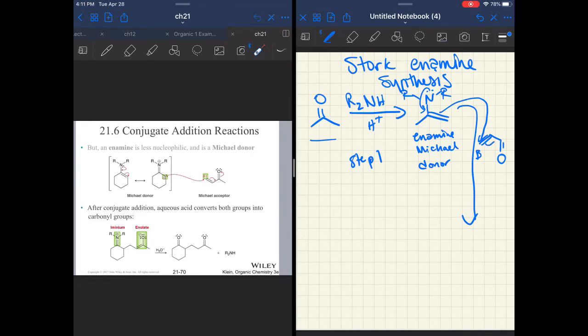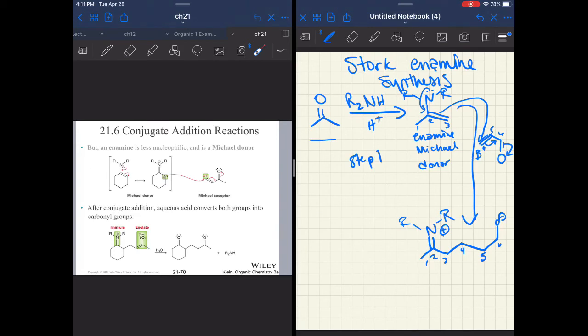And then you're just having this whole flow of electrons out. So you have your enamine here. The ene is gone. You've got this little iminium ion. You have 1, 2, 3, 4, 5, 6. 3 and 4 are now attached. 4 is also attached to 5, and then 6 has that oxygen.